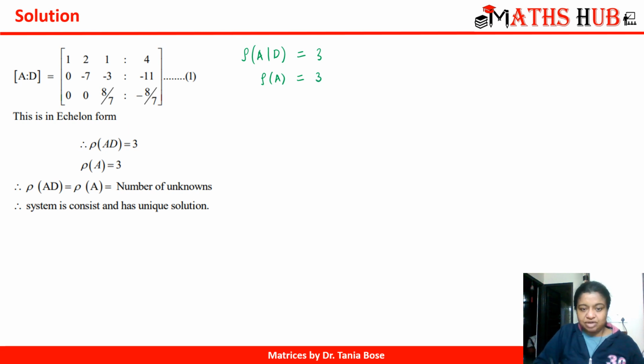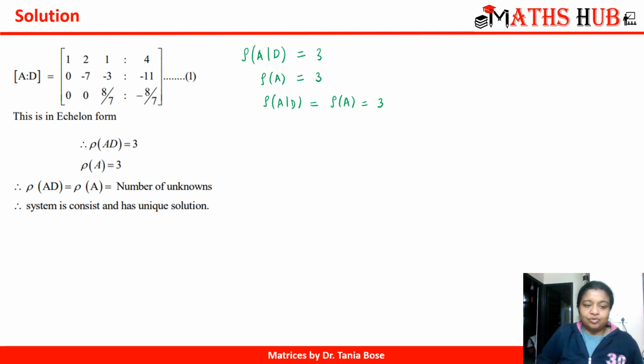So this is also 3. So we can say that the rank of A augmented B is equal to the rank of A. And how many unknowns did we have to find in this problem? We had to find 3, x, y, z. So it is the same as 3. So it is definitely going to have a unique solution.